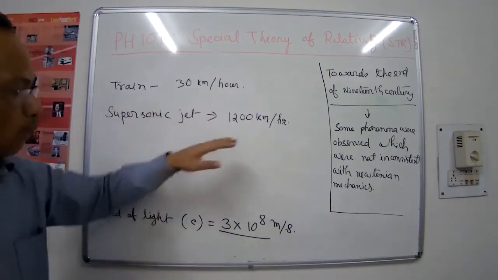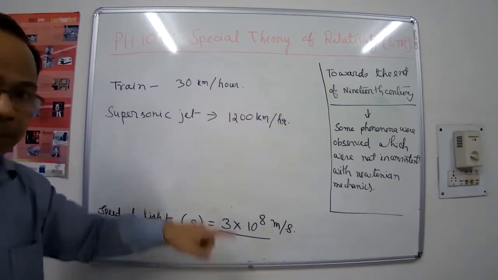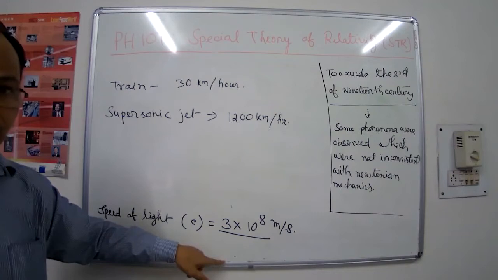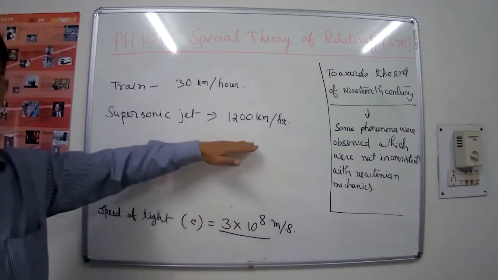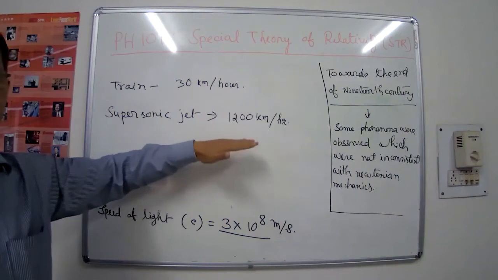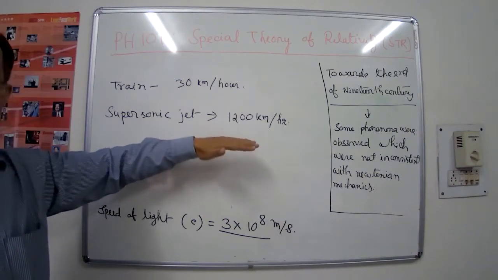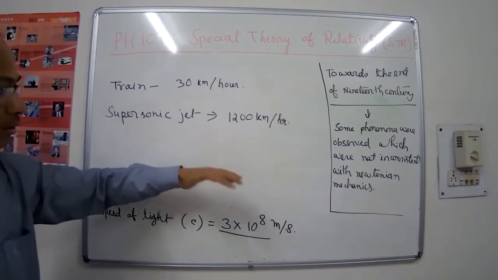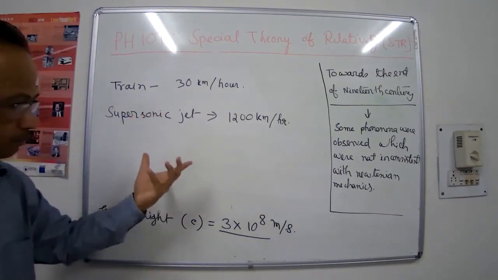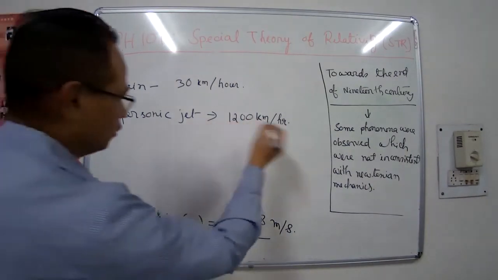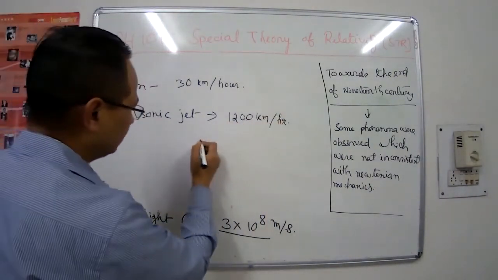But what will be its value when we compare it with the speed of light? Because whether Newtonian mechanics is insufficient or not, whether relativistic mechanics will play a dominant role or not, will depend on the speed of the body compared to the speed of light. Now, just convert to meter per second. What will I get?